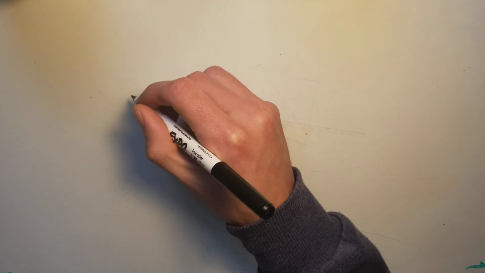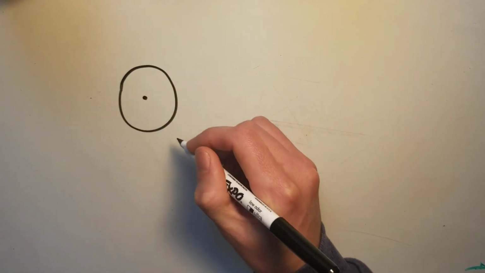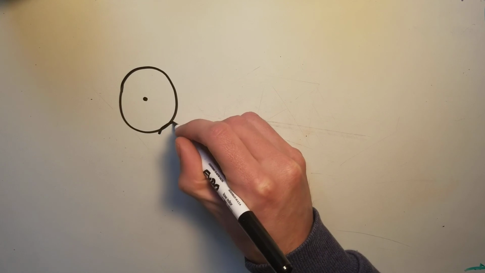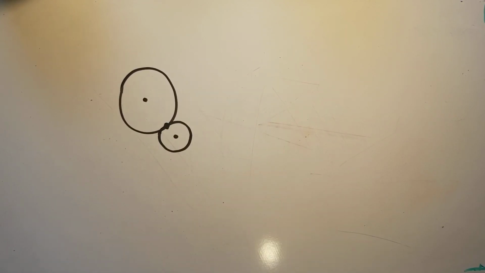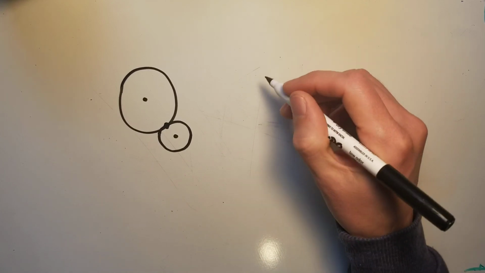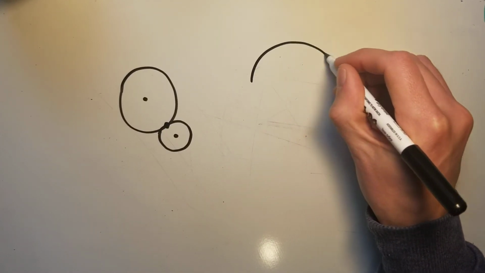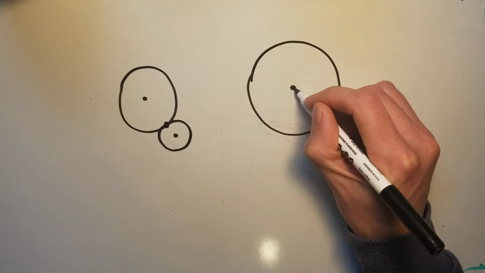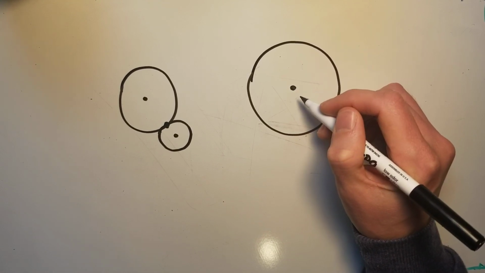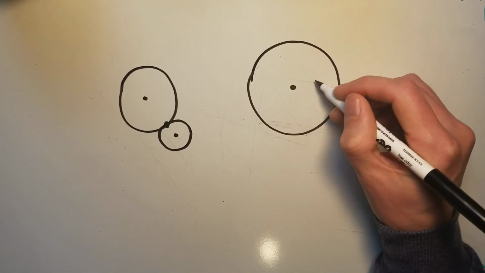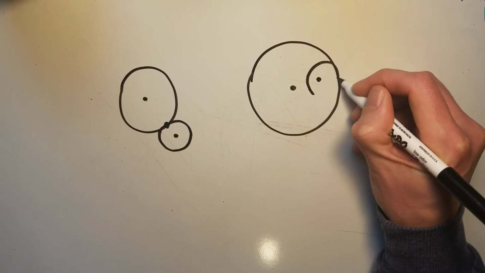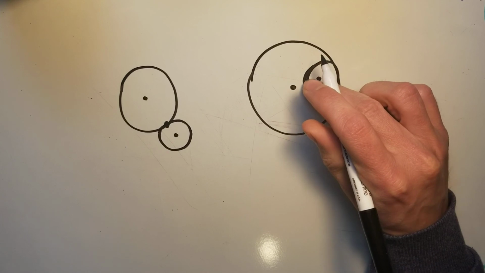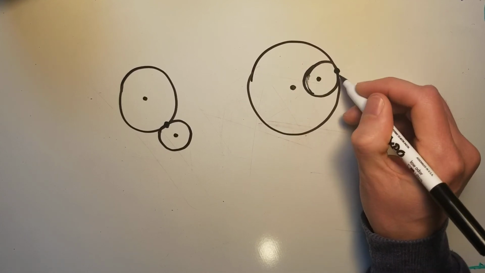Another case you could have is if the circles intersect at one point. So here's a circle, and let's say we have another circle right here, and they intersect at exactly one point. There's one point of intersection. You also could see this, maybe we have this circle here, and then we're going to have another circle right here within, and they intersect at exactly one point right there.